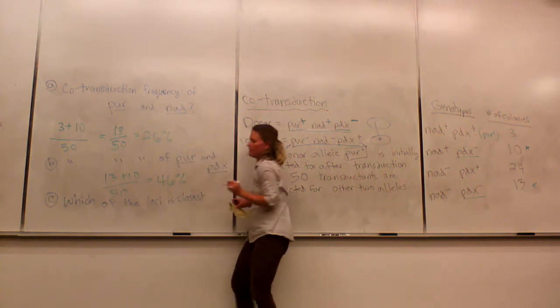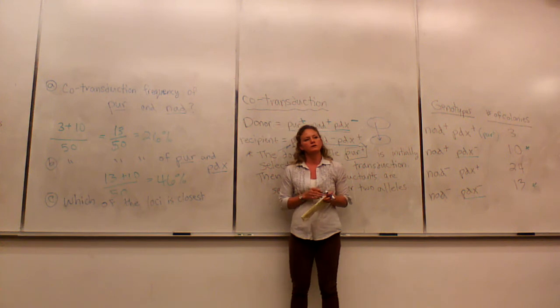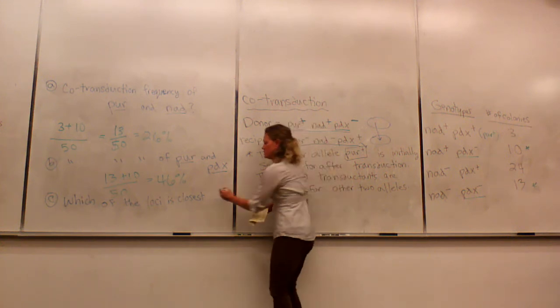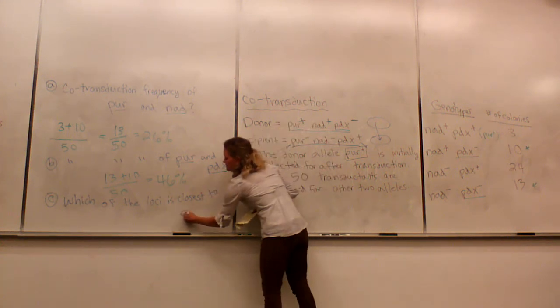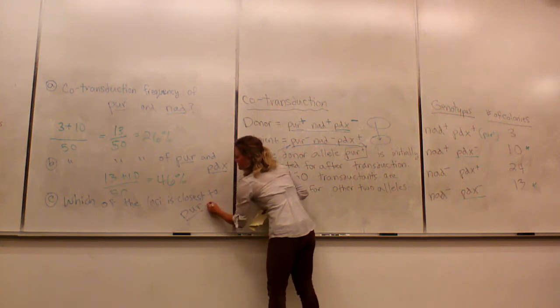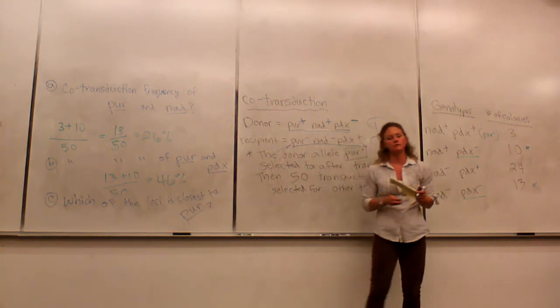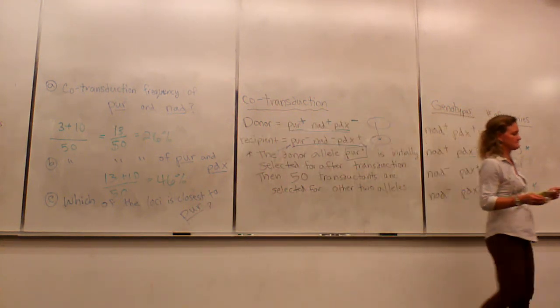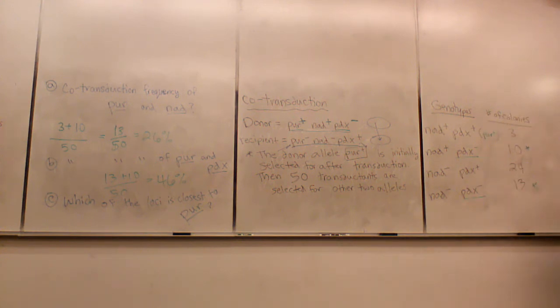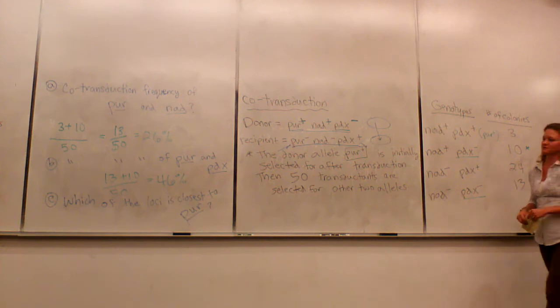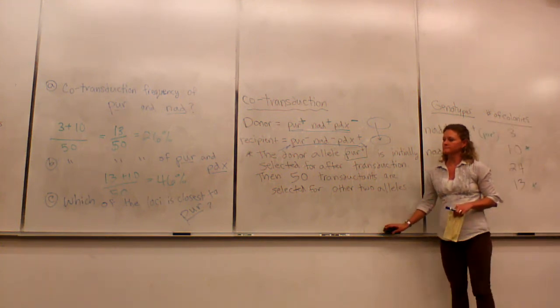You don't have to draw a full map, but just answer which one is closest to the per gene. I'm asking you guys, which one's closest?